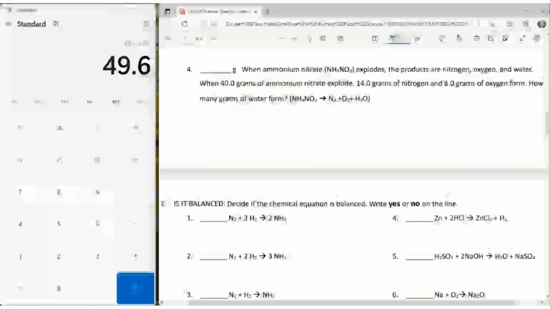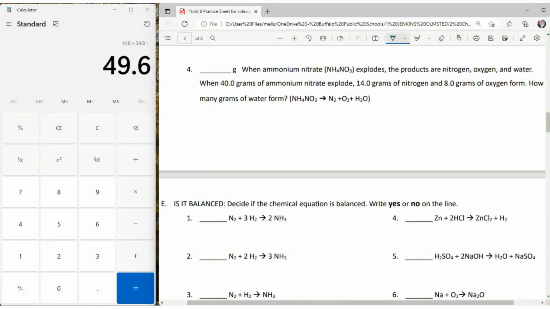All right, one more of these. When ammonium nitrate explodes, the products are nitrogen, oxygen, and water. And here's the formula, so I don't even have to write it. When 40 grams of ammonium nitrate explodes, you can see I have the whole reactant side here.